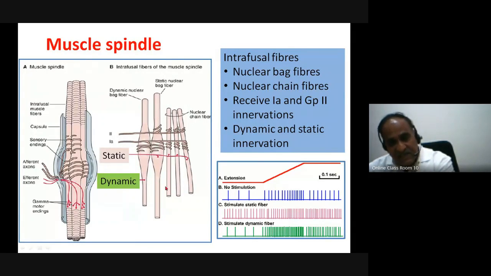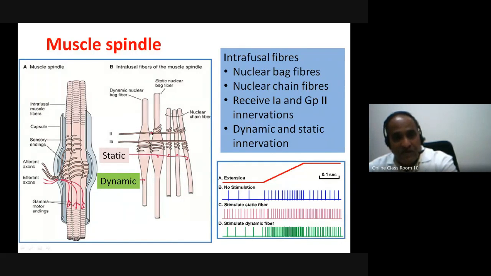Their contractions are feeble because they do not have as much striation as the extrafusal fibers. There are two sets of elements here. One responds to the velocity dependent component. This is a dynamic component, called the dynamic nuclear bag fibers.